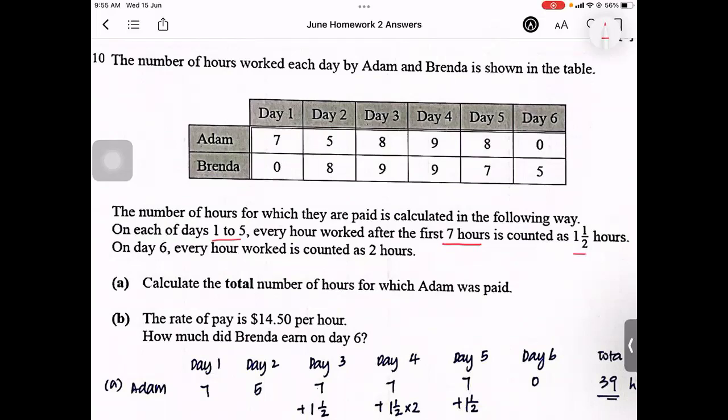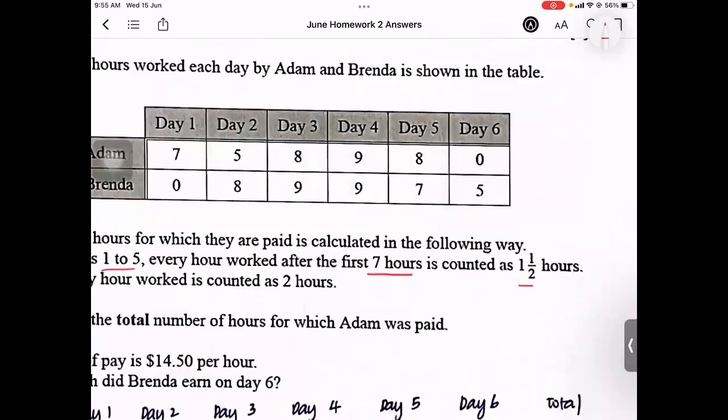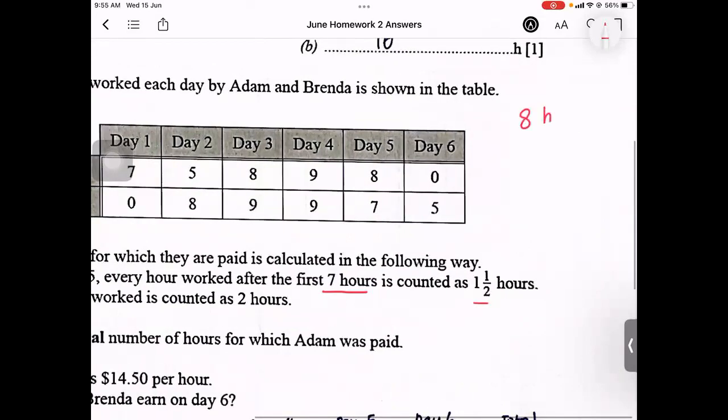What does this mean? For example, if I have 8 hours for that day, it can be split into the first 7 hours. I will get paid accordingly 1 hour, as per 1 hour rate. But my extra 1 hour, I will be paid accordingly to 1.5 hours payment.